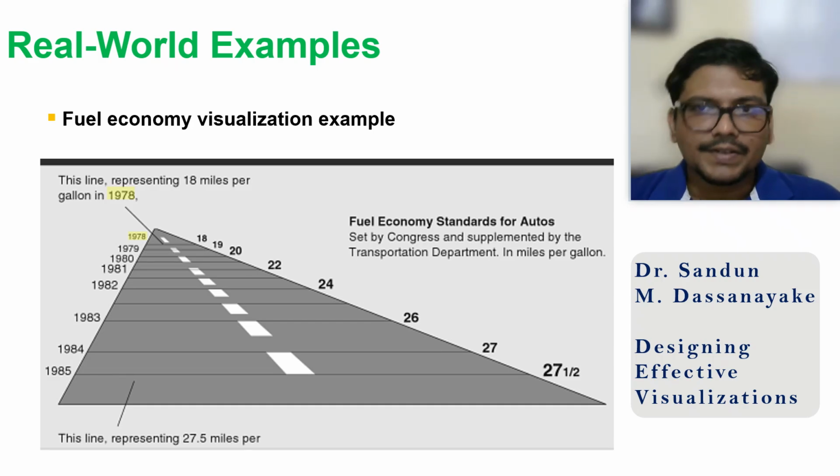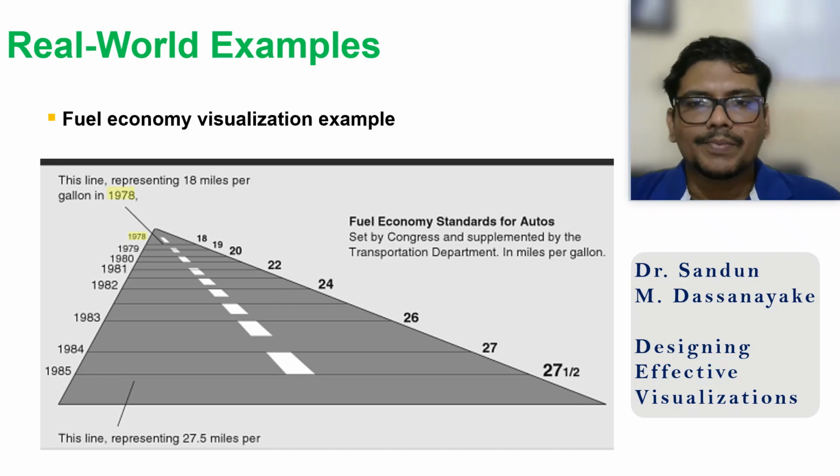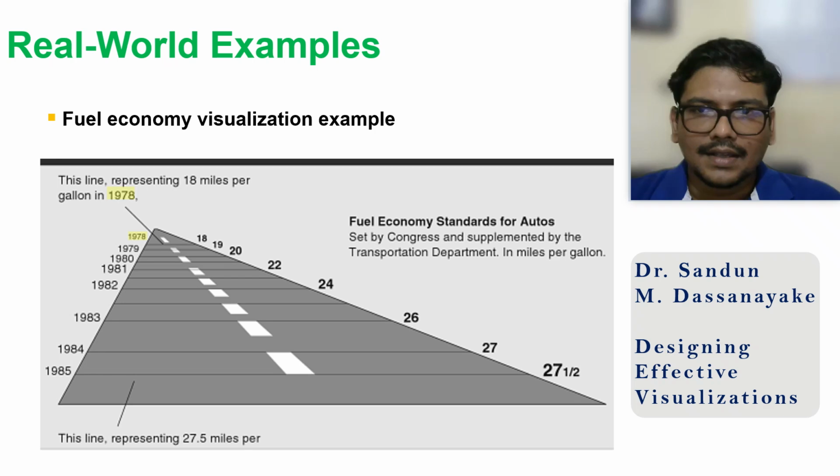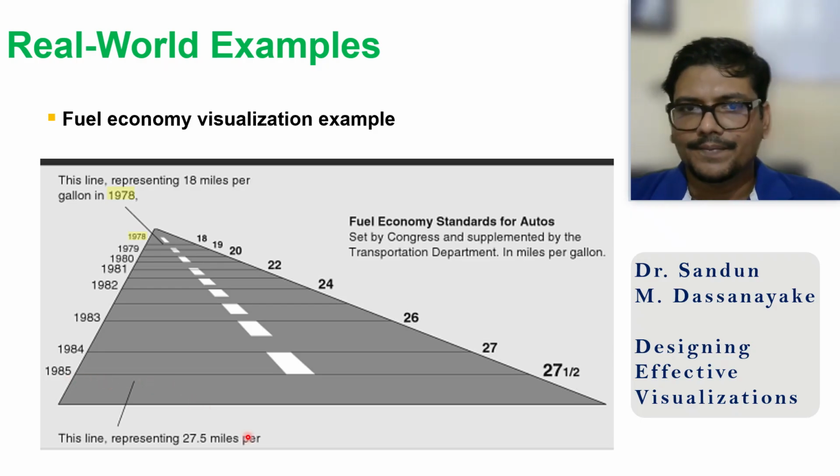This is a published graphic that showed American car fuel economy standards increasing from 18 to 27.5 miles per gallon. Let's look at this. In 1978, this width indicates the miles per gallon, and this is the miles per gallon in 1985.